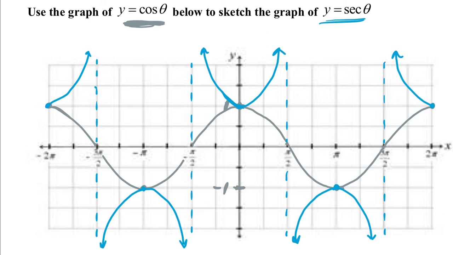Everywhere cosine is 0, secant will be undefined. So these blue vertical asymptotes are in here at the odd multiples of pi over 2 to help locate where the invisible boundary occurs for your graph of secant.